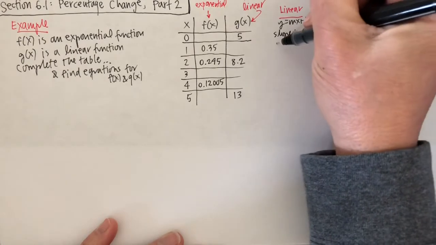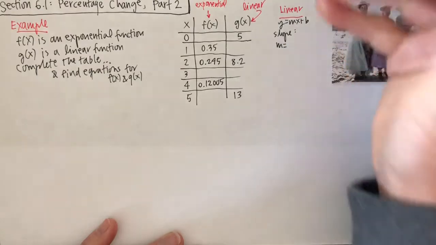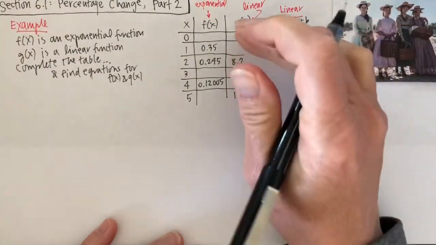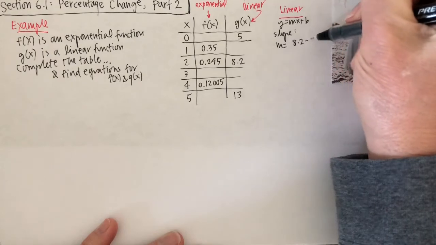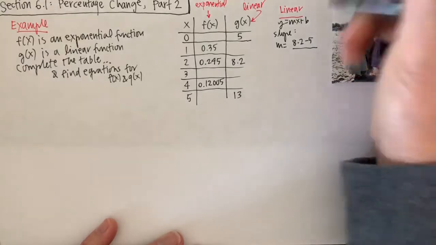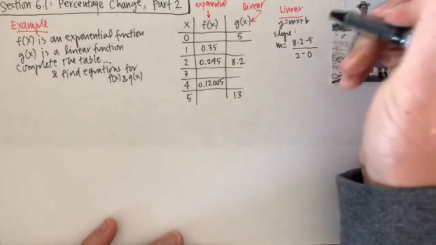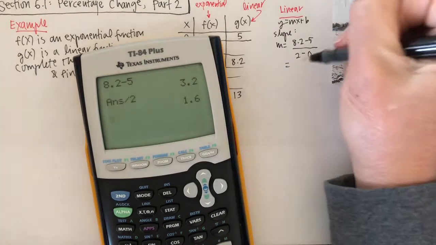To find the slope, m equals difference of y values. So we can take really any combination of these three, 2 at a time, but we'll take 8.2 minus 5, difference of the y values, over the difference of the x values, 2 minus 0. And that will equal 8.2 minus 5 divided by 2, which is 1.6.